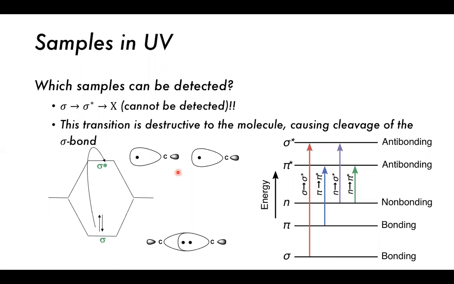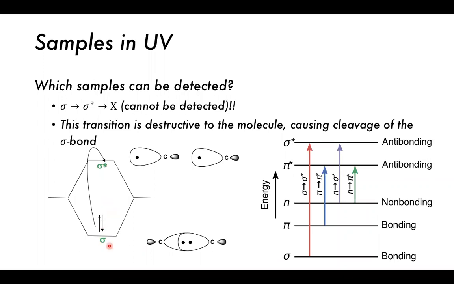So this is a simple diagram of what's called a molecular orbital diagram. This is representing the orbital from the carbon atom, and this is representing the orbital from the other carbon atom here and here. Now, each one of those is sharing an electron in its covalent bond. And so it forms this bonding orbital.